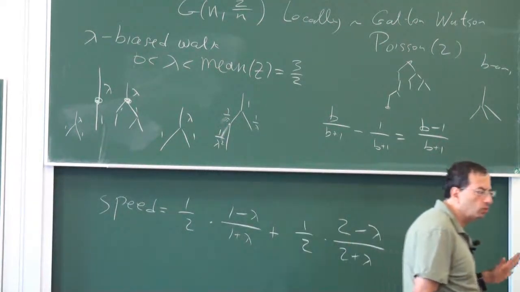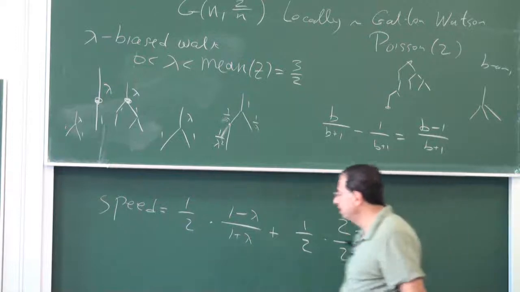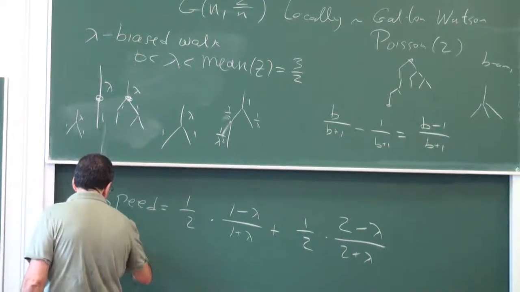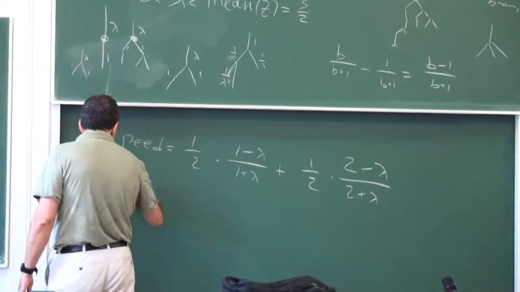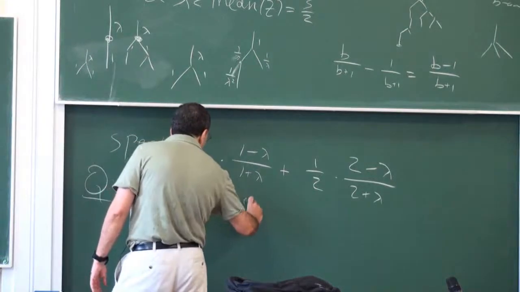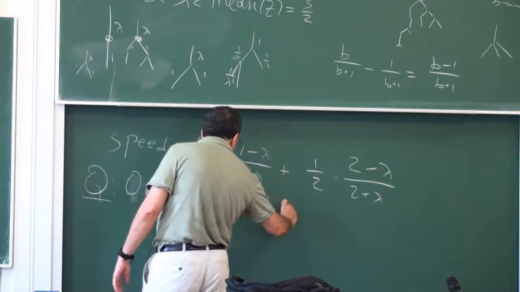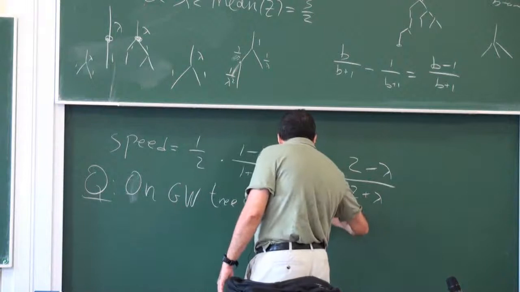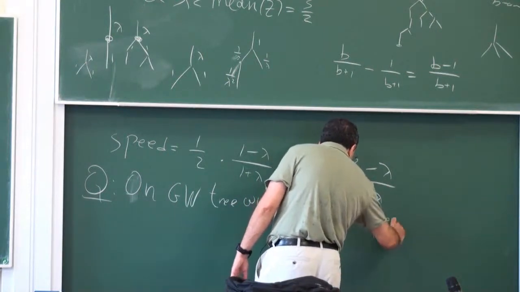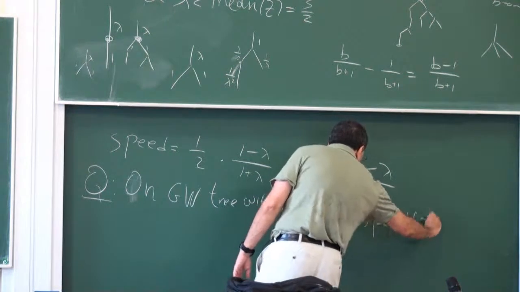You have a Galton-Watson tree without leaves, so maybe let me state this as a question. On a Galton-Watson tree with no leaves, is the speed as a function of lambda monotone?